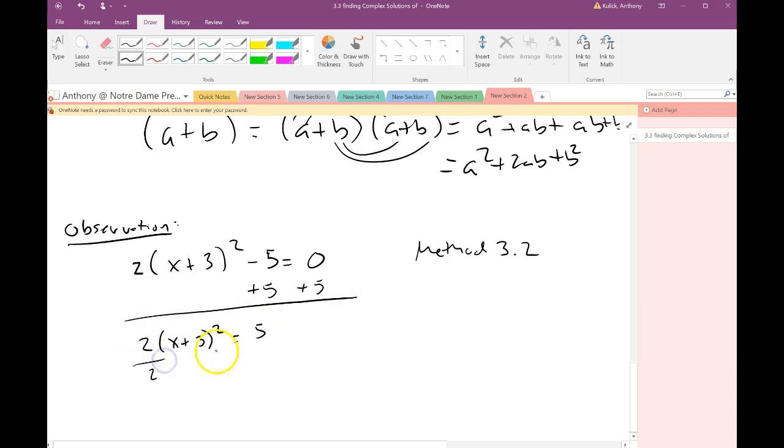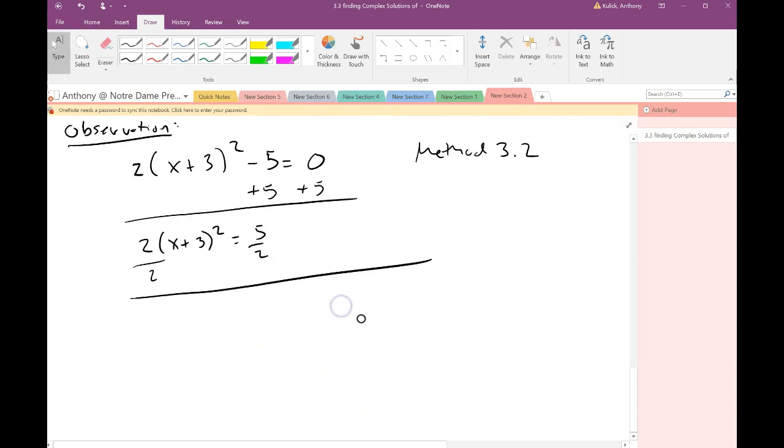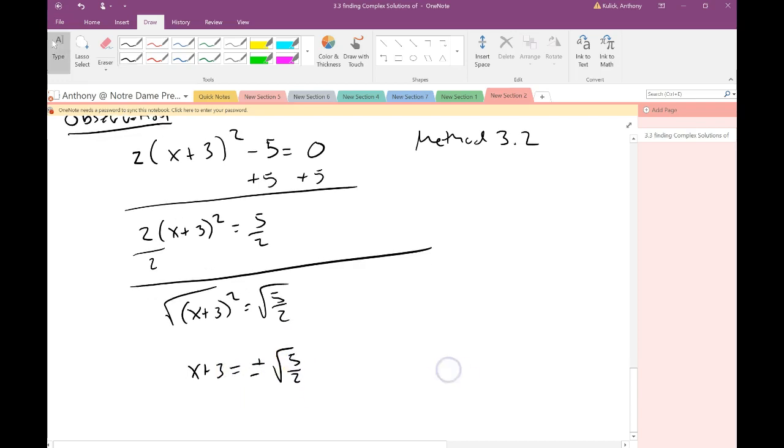Divide both sides by 2. Square root both sides. Subtract 3 from both sides. And then I need to simplify that fraction.